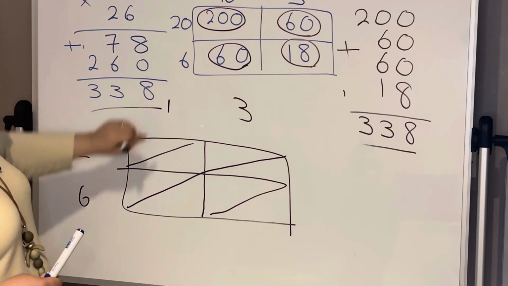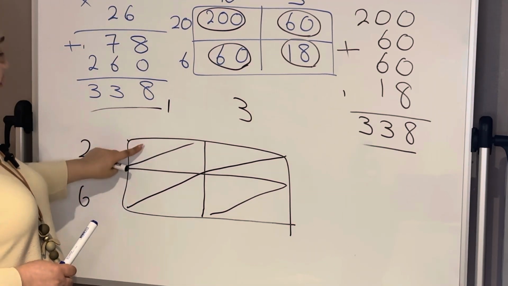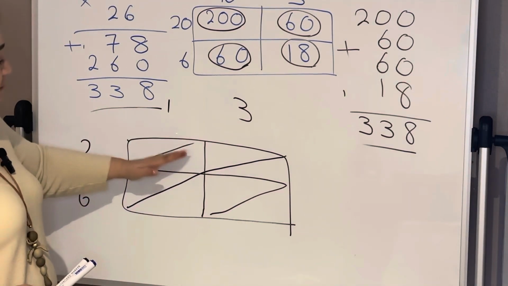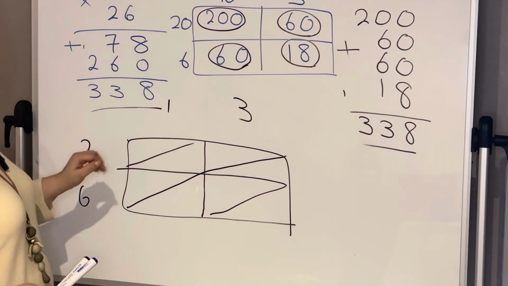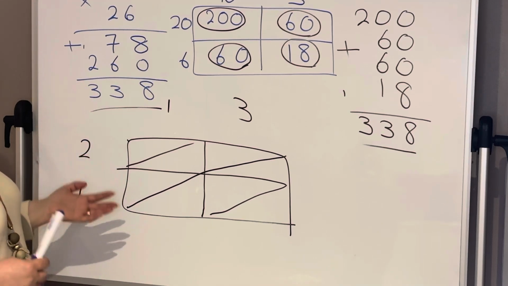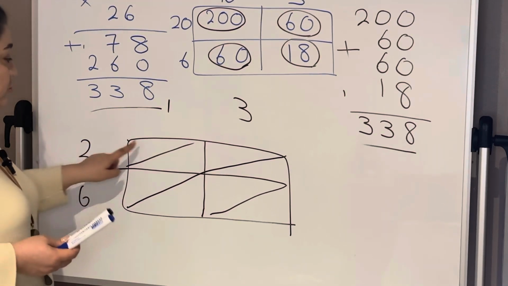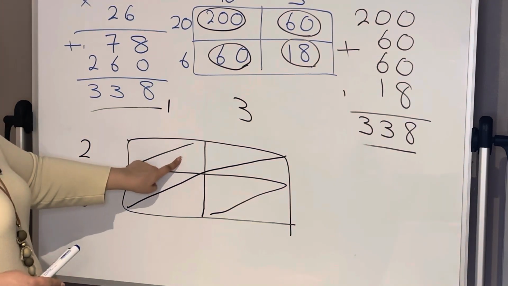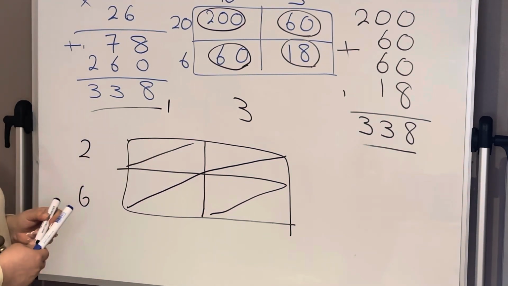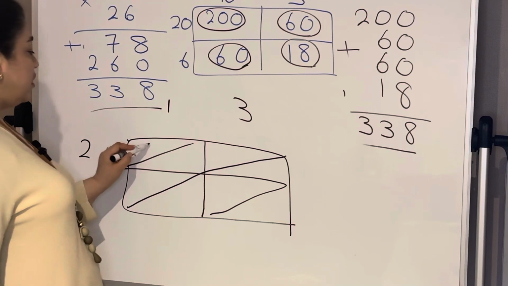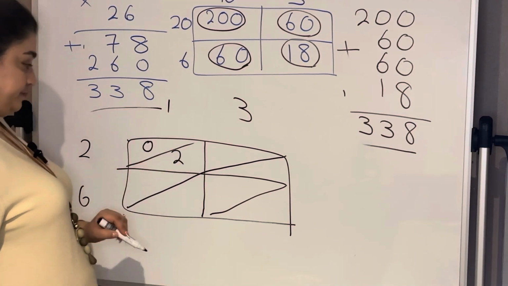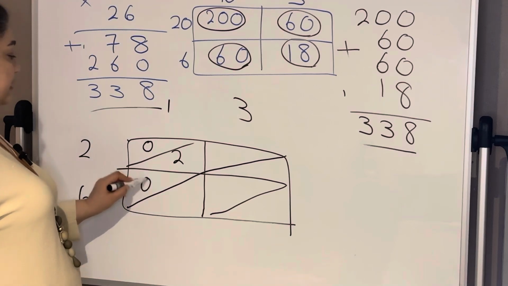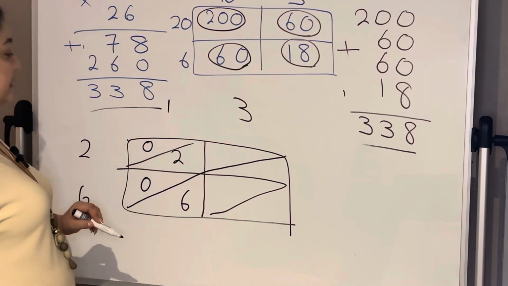2 times 1 is 2. So look at this one. Each rectangle I divided in 2 parts. It means when you times it, if you have a tens value, you have to write it down here. If it is just one number, you write it down here and put 0 here. So it is 2 times 1 is 2. 6 times 1 is 6.